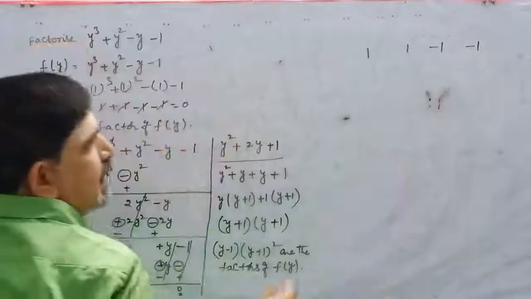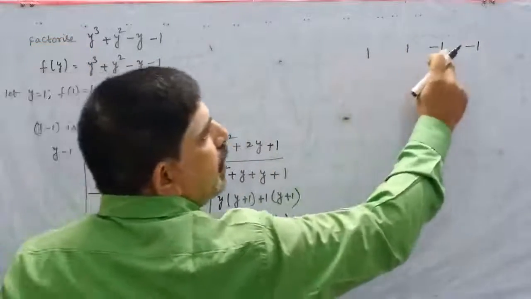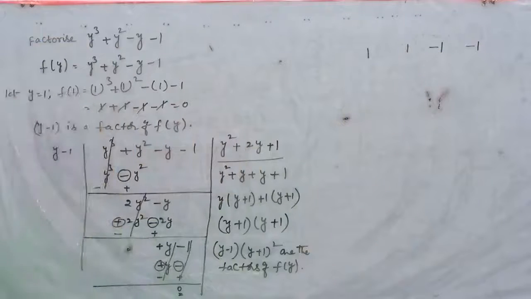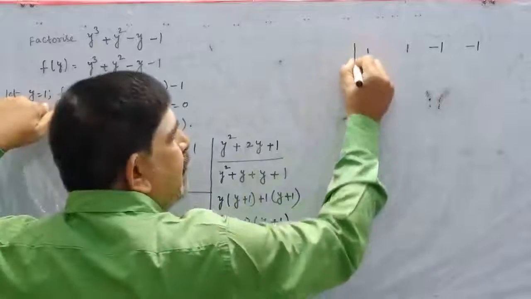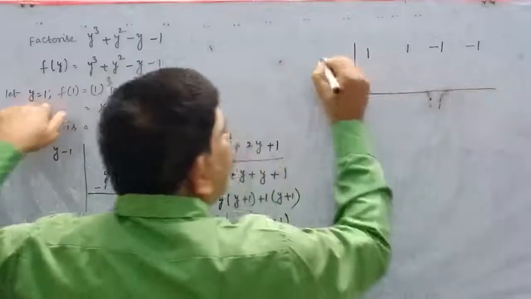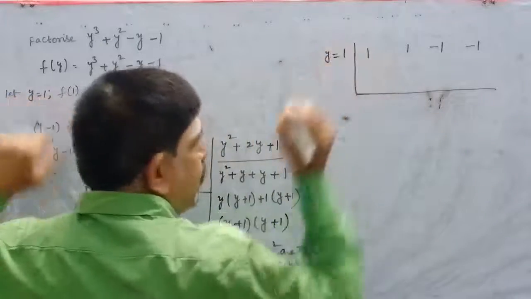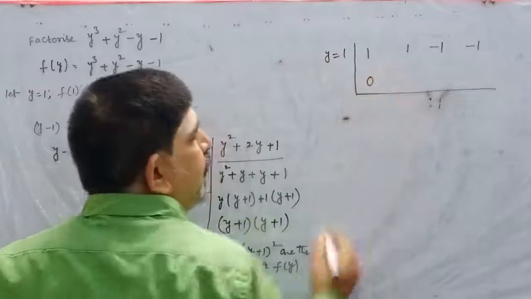Write the quotients like this: 1, 1, minus 1, minus 1. These are the quotients of the terms. What is the first factor for the given cubic polynomial? y is equal to 1. We write that y is equal to 1 here. Now you put 0 here.